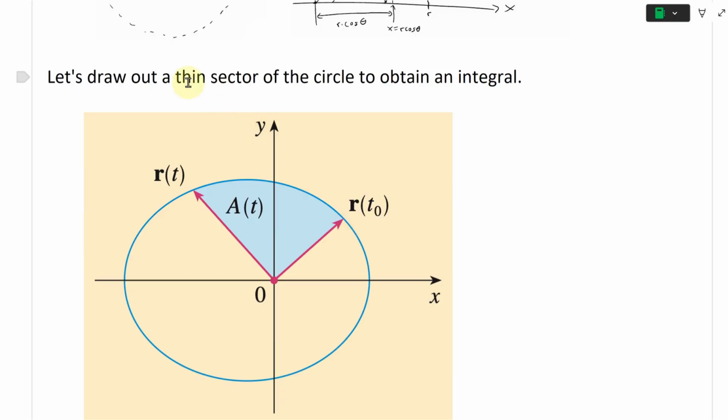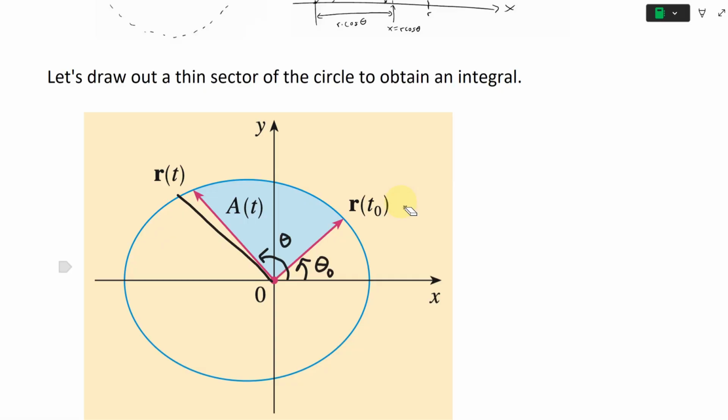So now I'm going to draw out a thin sector of the circle to obtain an integral. I'm going to draw from here to here. Let's say we have up to t there, and I'm going to draw a slightly thin wedge here. The angle from here to here is theta naught, and the other angle from here to here is theta.